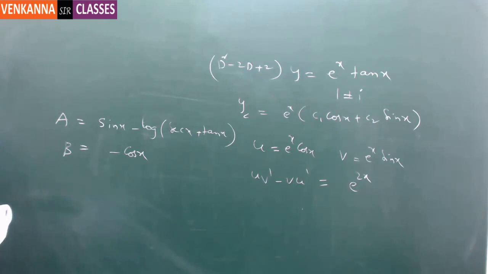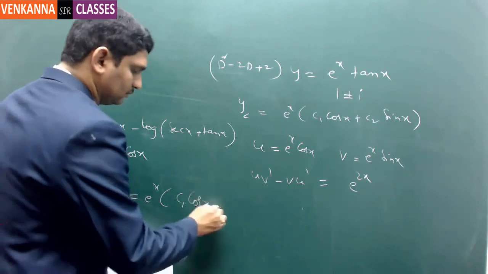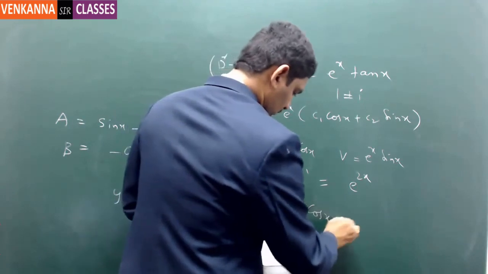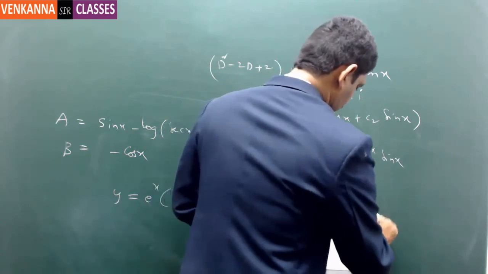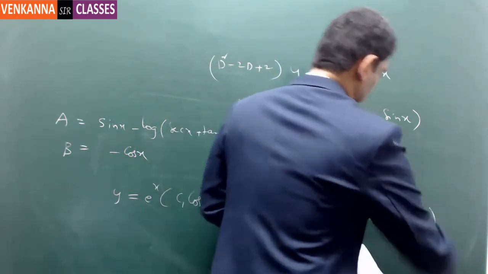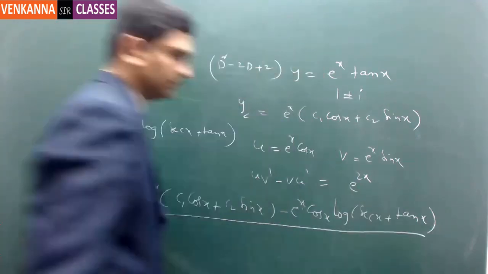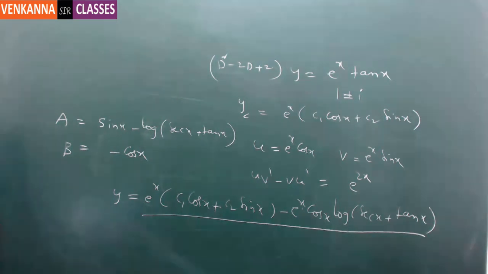I am writing the answer on doing the simplification. This is the final answer. So applying a into u plus b into v and doing y is equal to yc plus yp, that is the final answer.